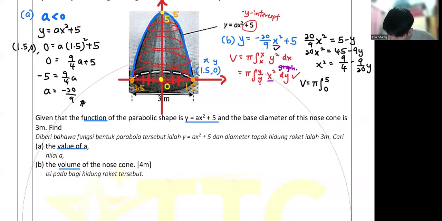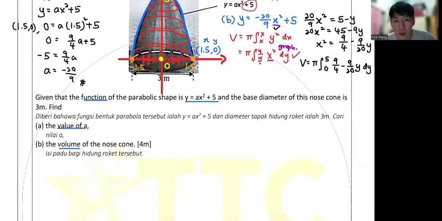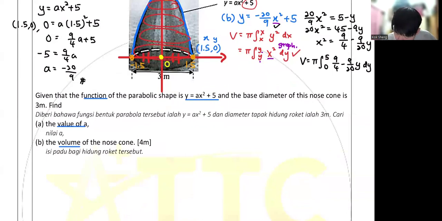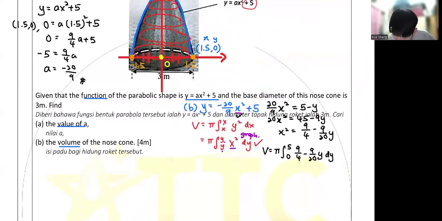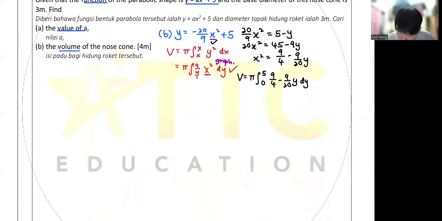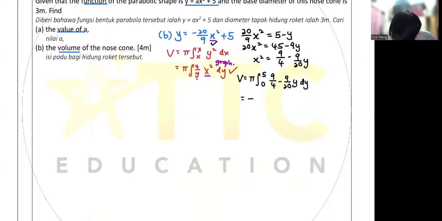Okay, 0 to 5 with the graph x squared. Okay, so now let's continue. Finish up everything. Quick. We have to go for integration now. The power plus 1 divide the new power. This one needs to add on the y0.